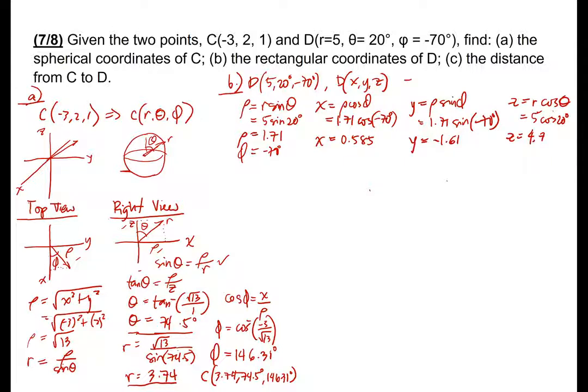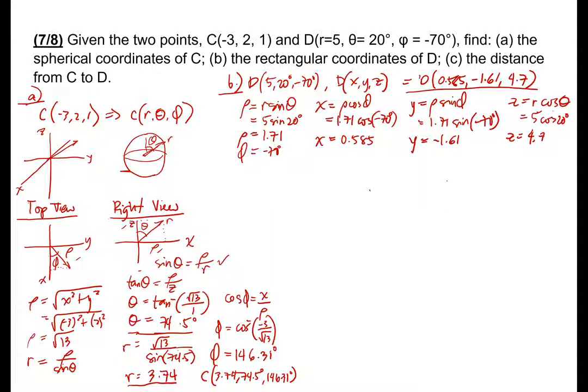So your answer for D is X is 0.585, Y is negative 1.61, and Z is equal to 4.7. So this is how you get the rectangular coordinates given spherical coordinates. This is your final answer.